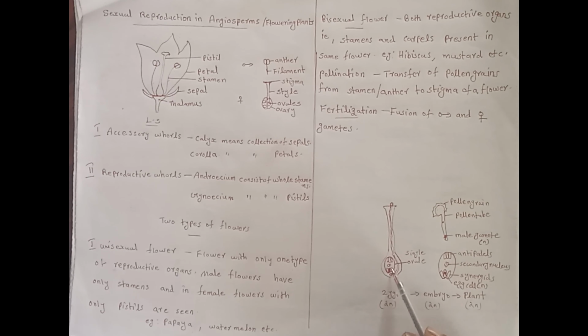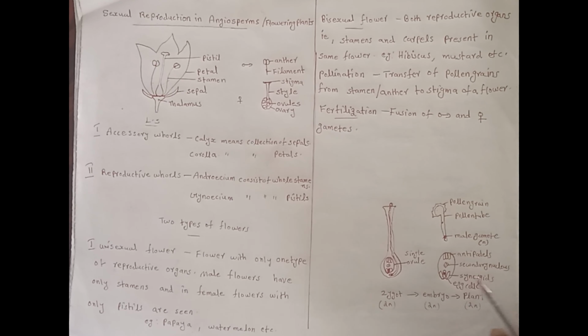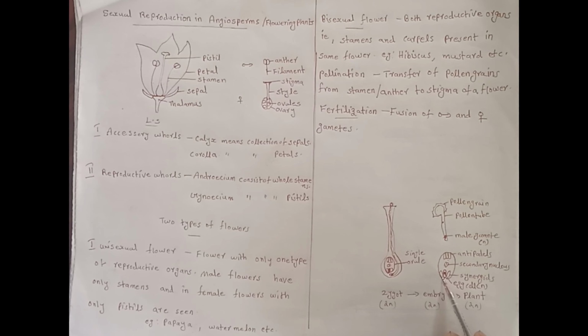This is the ovule. The ovule has mainly 8 nuclei: 3 antipodals, 3 synergids and a diploid secondary nucleus. The middle cell of the synergids is known as the egg cell with a haploid female nucleus.